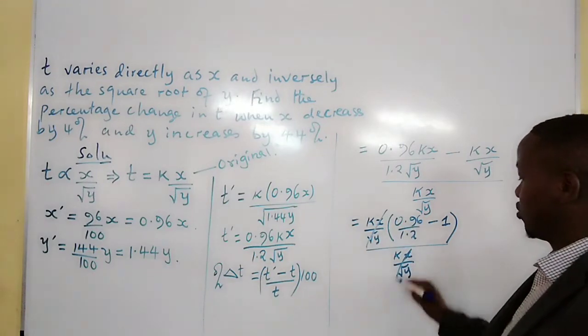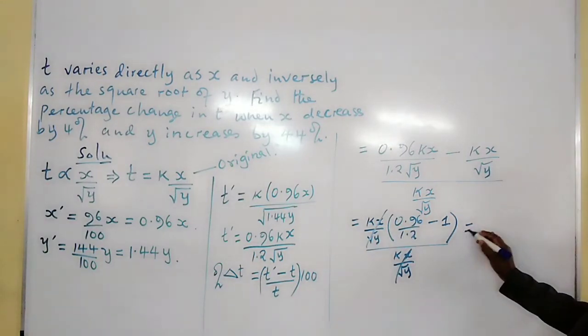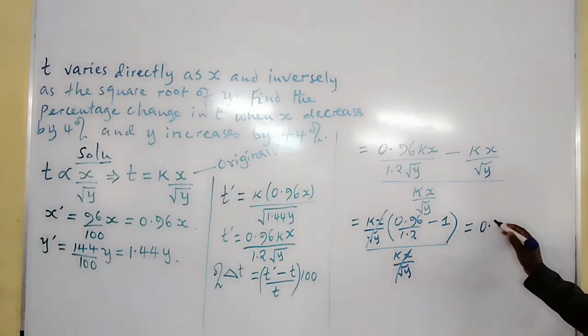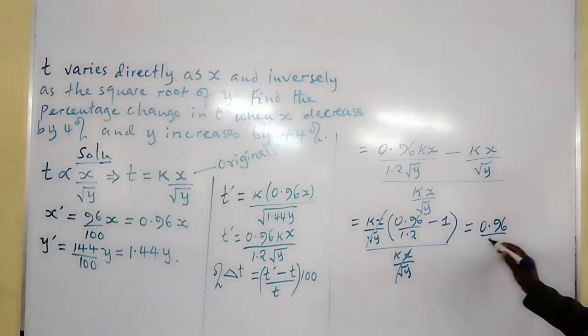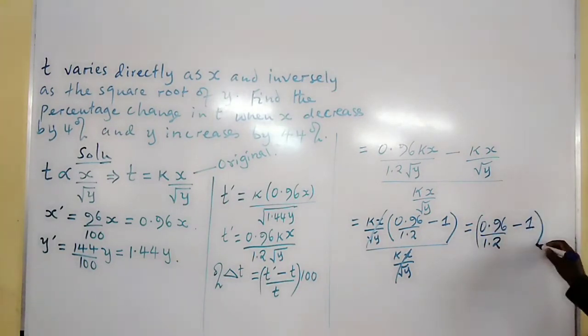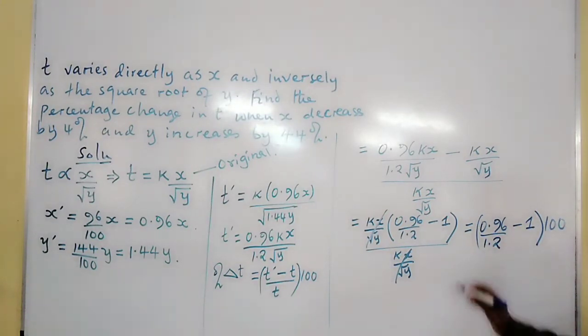This cancels with this one, and we remain with 0.96 over 1.2 minus 1. Then now we can multiply with 100 so that the change becomes a percentage.